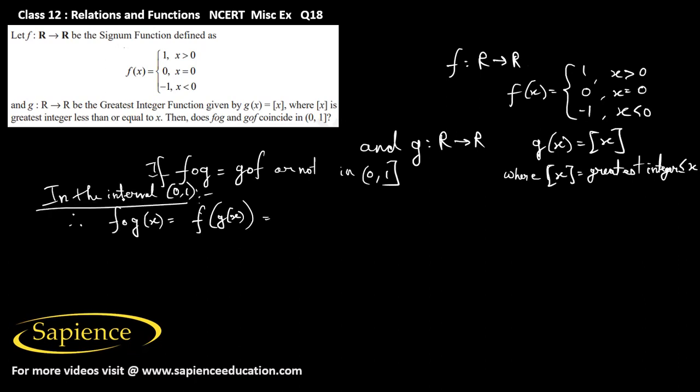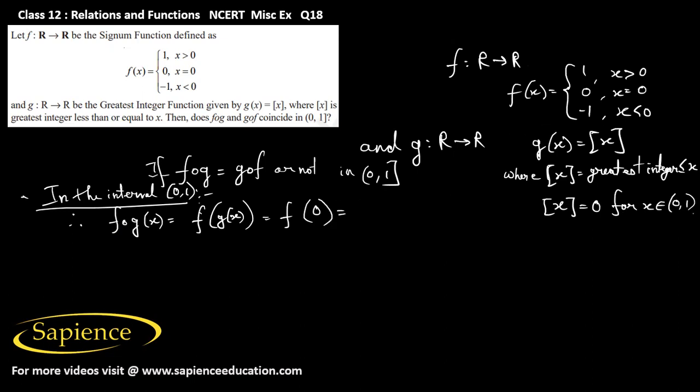So here f of g of x, for x less than 1, g of x, bracket of x, will be 0 only for x belonging to the open interval 0 to 1. So that will be f of 0.